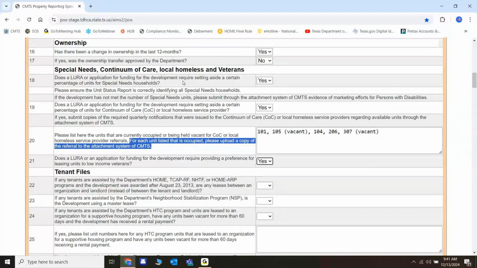So in CMTS, you can answer on your unit status report yes, even if in the file they decide they want to say N/A, I'm not providing this information. You can say yes based on visual observation. If one of your special needs requirements is mobility and they are in a wheelchair, you can say yes, this household is, whether the household wants to disclose that or not.